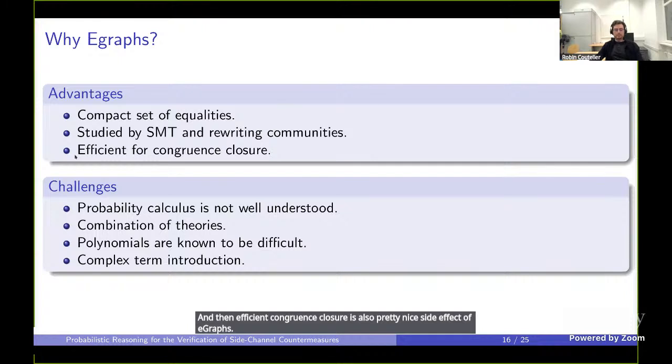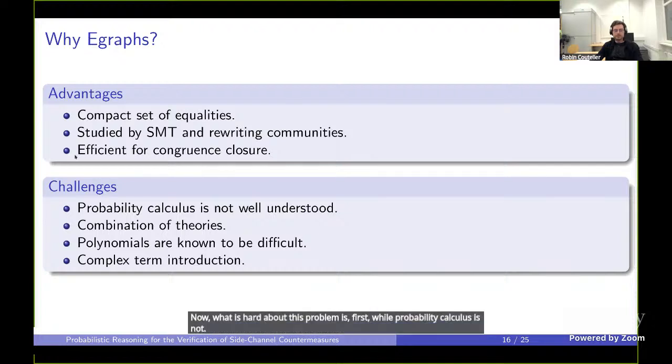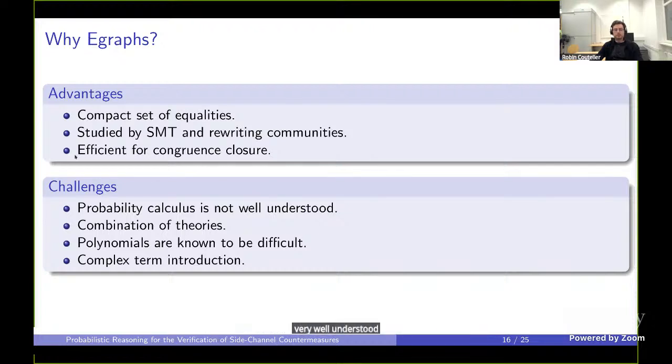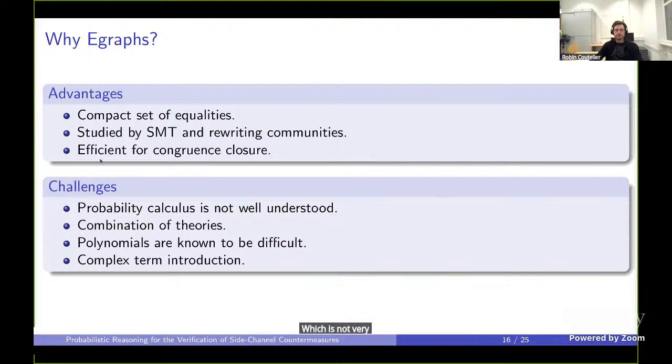Now, what is hard about this problem is first, well, probability calculus is not very well understood and studied. In particular, I don't know of any calculus that is complete, that we know for sure we can prove everything probability related. I mean, there is Kolmogorov calculus, but it's basically just enumeration, which is not very helpful in our case.